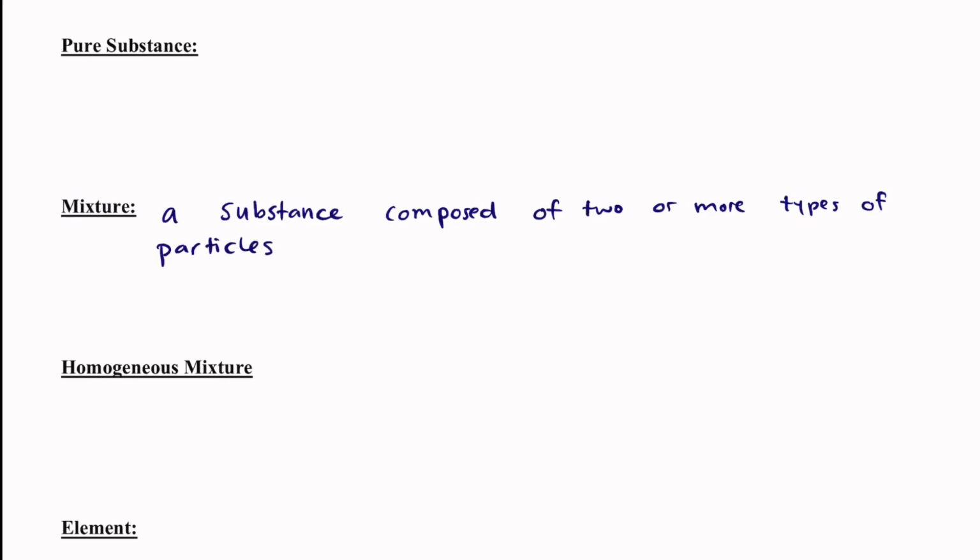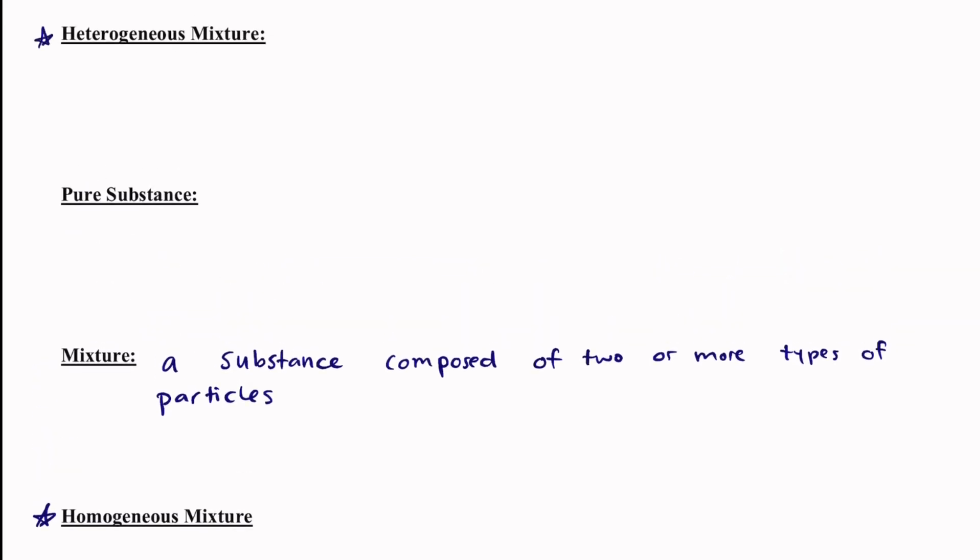Okay, and we have homogeneous mixtures and we have heterogeneous mixtures, and those prefixes are going to be pretty important. So the prefix hetero means different, and so a heterogeneous mixture is going to be a mixture in which the composition varies from one region to the next, or varies throughout.